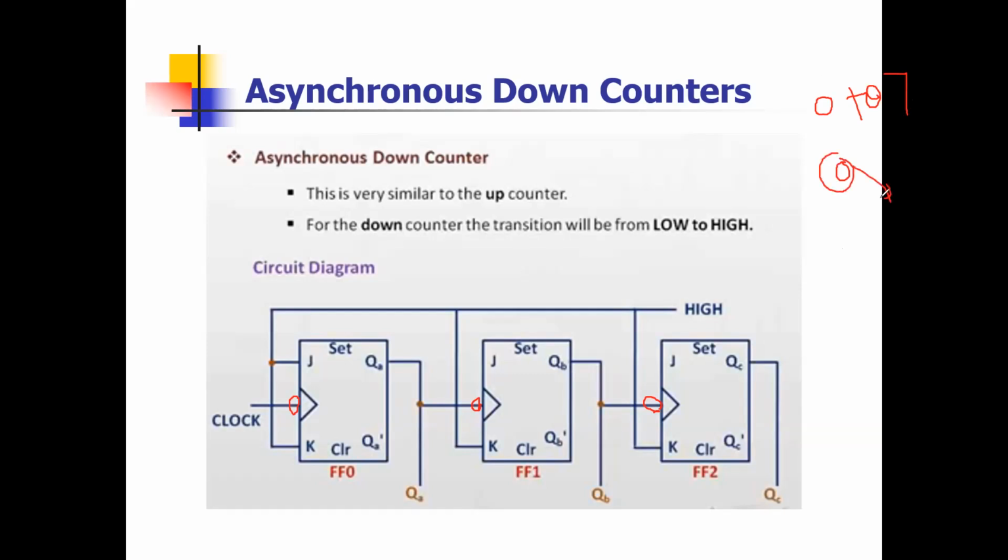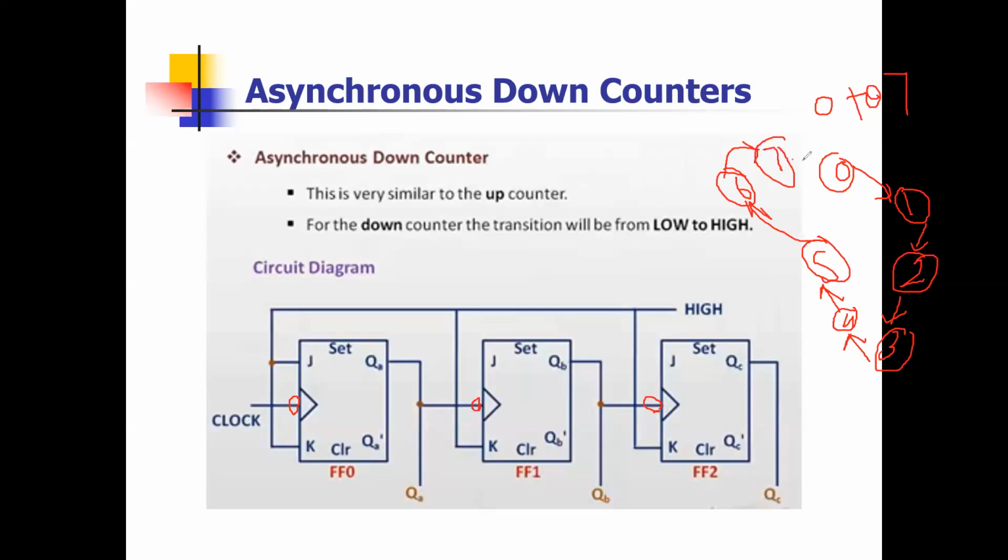So it will count 0, then 1 in the state diagram, then 2, then 3, then 4, 5, 6, and then 7.